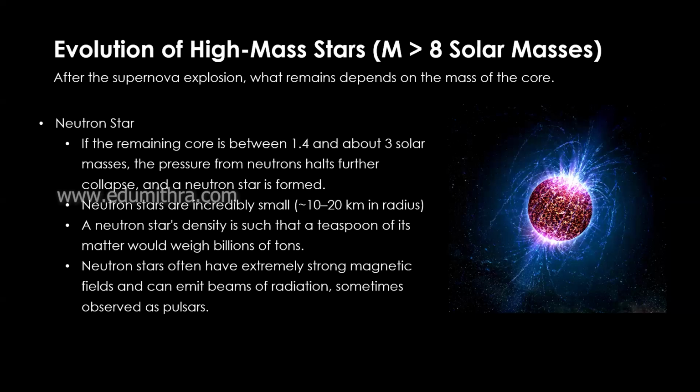Pulsars are entirely different from variable stars or Cepheid variables. Variable stars are the general class of stars which vary their brightness, and particularly those that vary their brightness regularly.